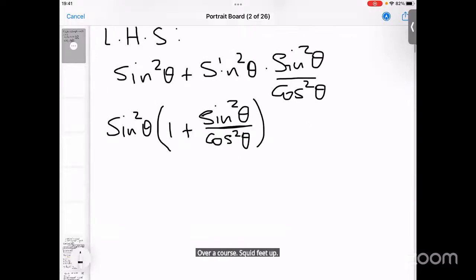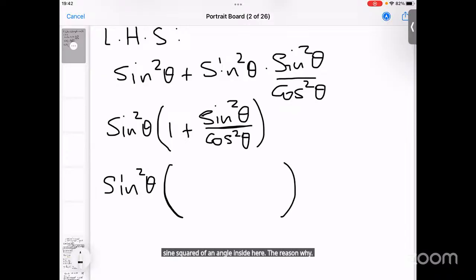Yes. So, okay, on the outside, we still have that sine squared of an angle. Inside here, the reason why with the introductory sessions, I'm teaching you how to deal with the fractions, it's because I know that you will get to this point where you need to deal with the fractions, where you force that one to be a fraction.